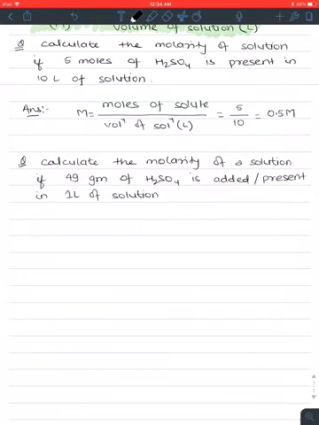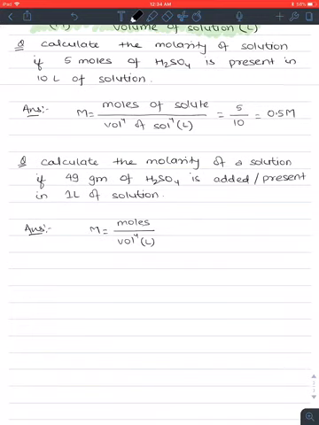Now what will be the molarity? We know that molarity is moles of solute divided by volume of solution in liters. But in this question they have not given the moles of solute. They have given the weight of H2SO4 which is present.